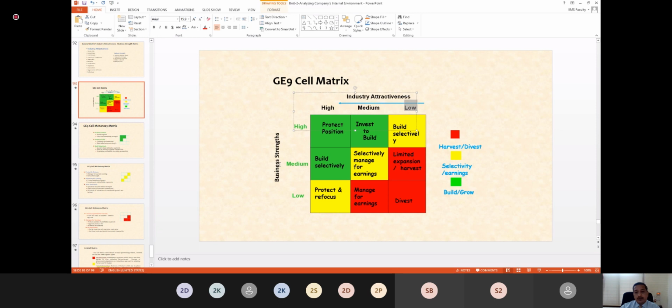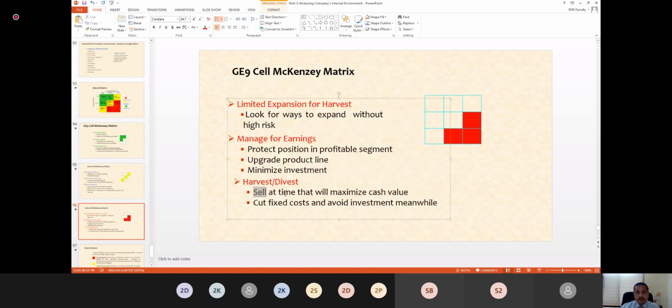Therefore, divestment or withdrawing the investment from this kind of business unit will be a wise decision. And therefore, we can sell at a time that will maximize the cash value. Either we can sell that particular product line or business, or we can cut fixed costs and avoid the investment. So we can avoid the investment, we can cut the fixed cost. That can also be done so as to avoid the losses.